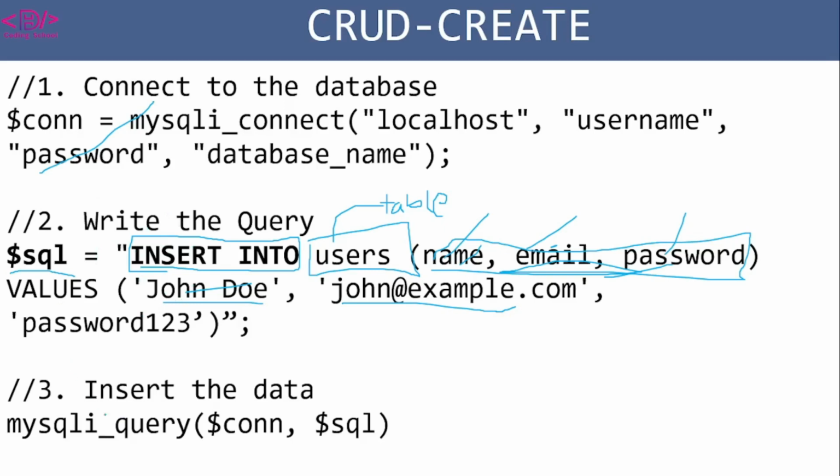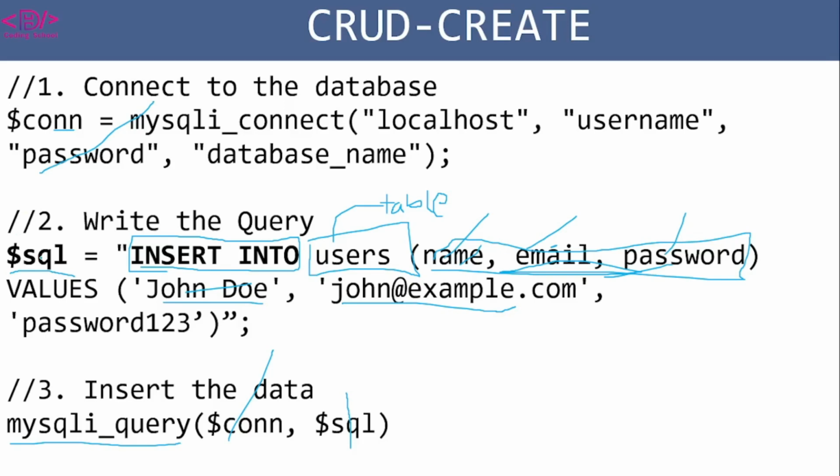Then we insert the data using this function, mysqli_query. It takes in two parameters. The first one is the connection, which we already have. The second one is the query you want to execute, which is this query here.